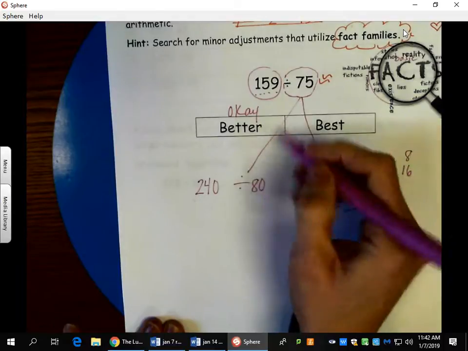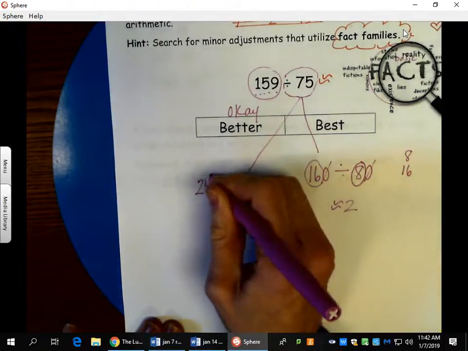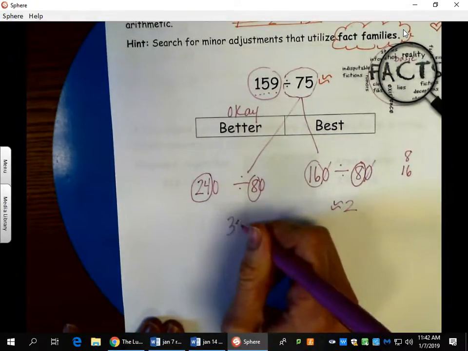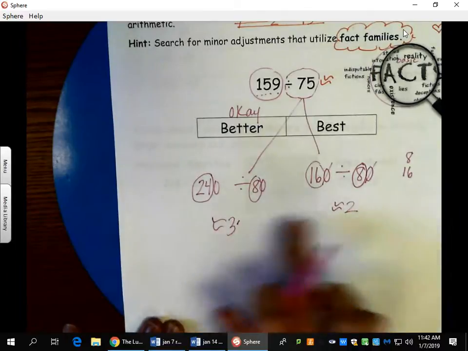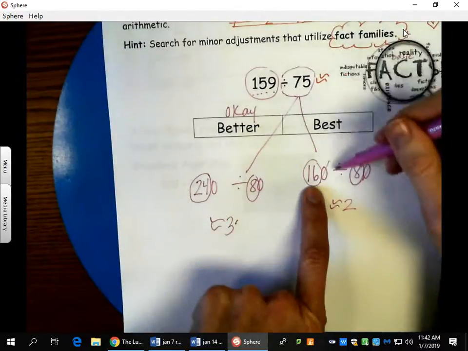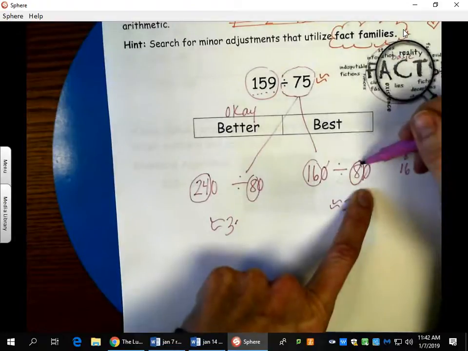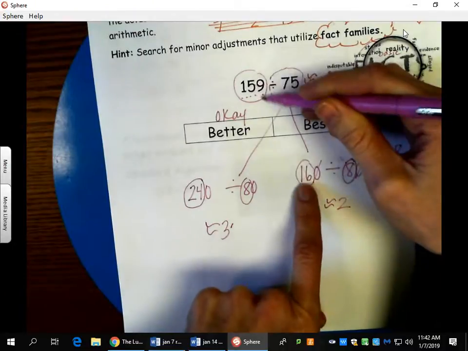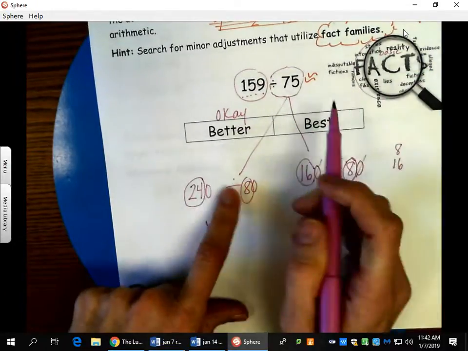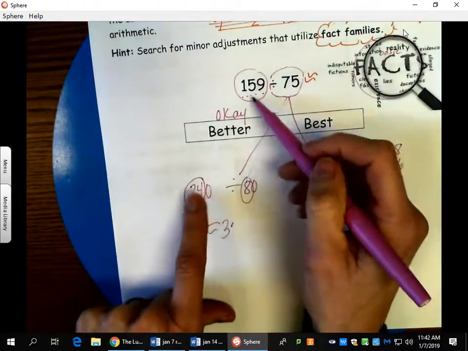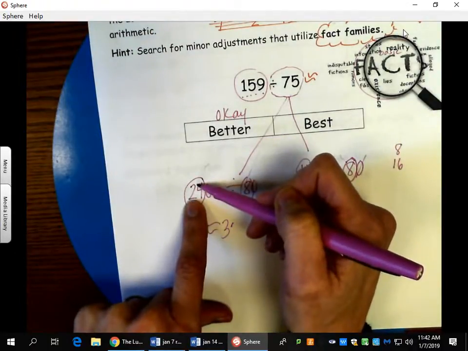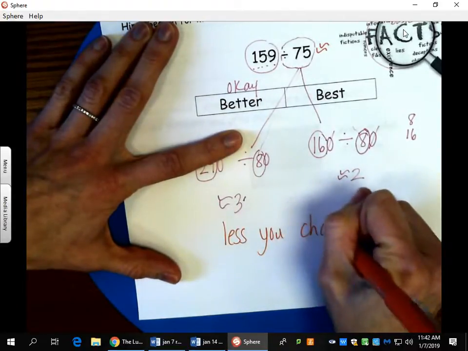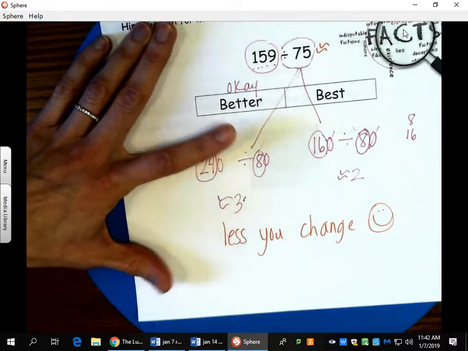Is that terribly off? No, but it's not really like 24 divided by 8. Yeah, that works, and your estimate's about 3. It's not that different. But can you see why making this 160 divided by 80 is a lot closer? It's not too much of a change for the divisor. It's not too much of a change for the dividend. With this one, it's not too much of a change for the divisor, but I would say that's a pretty big change for the dividend. Guys, the less you change, the better the estimate.